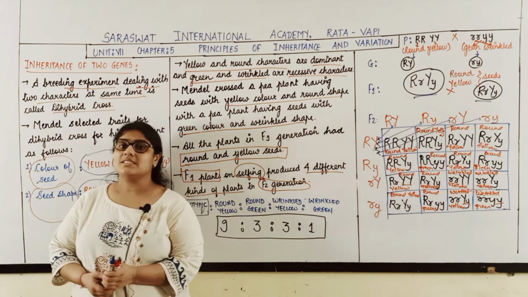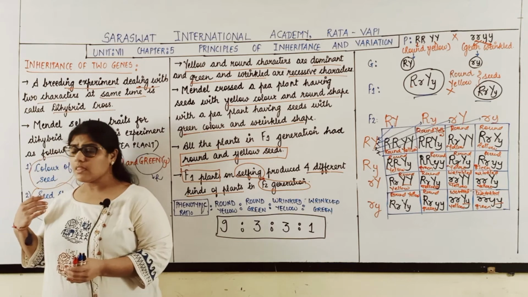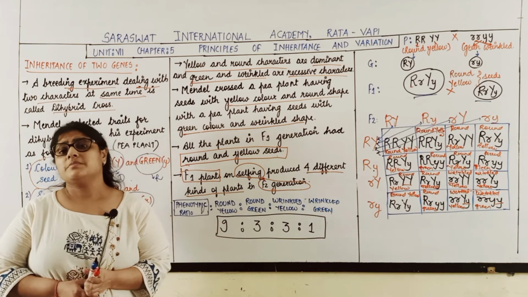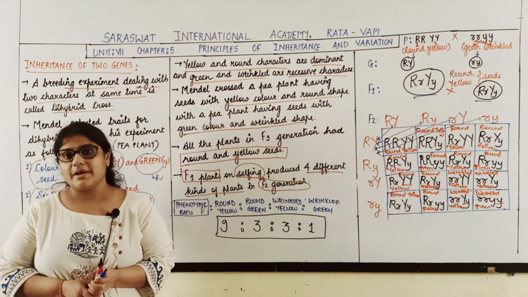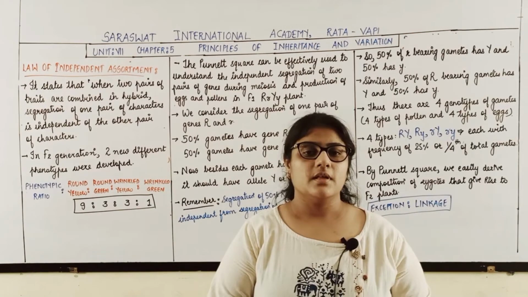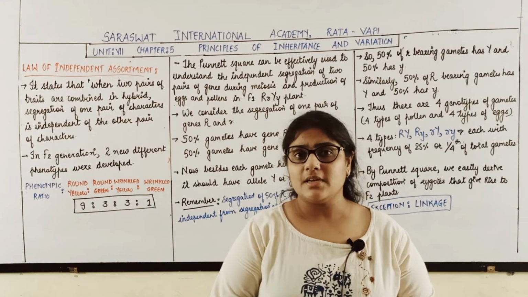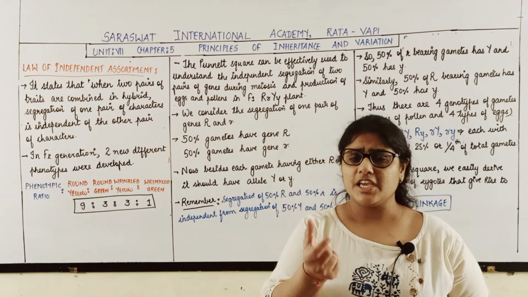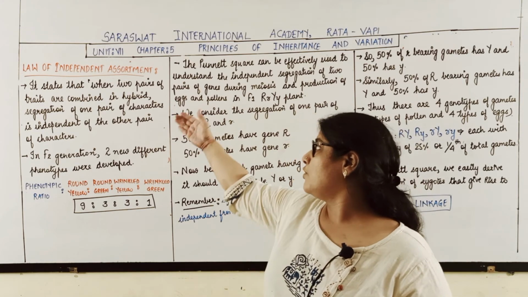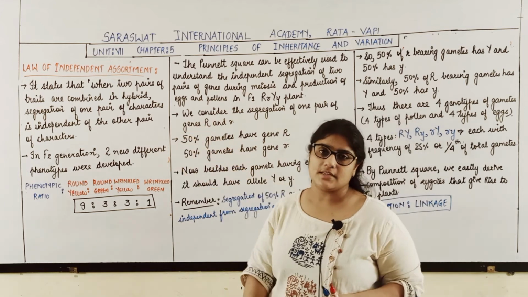So students, this is regarding the Mendel's dihybrid experiment. Now from this Mendel dihybrid experiment, Mendel got the conclusion. I told you from Mendel's dihybrid experiment, he gave a very important conclusion, and that conclusion is in the form of law of independent assortment.